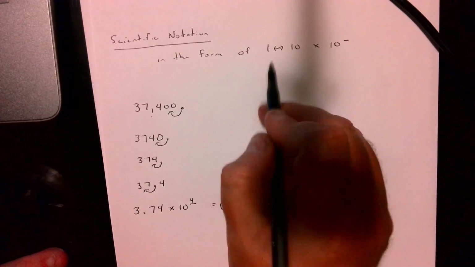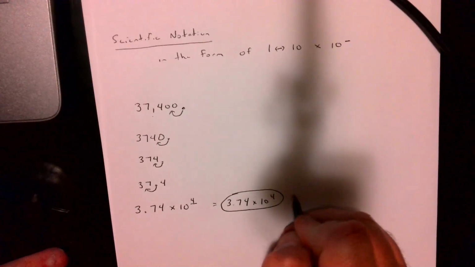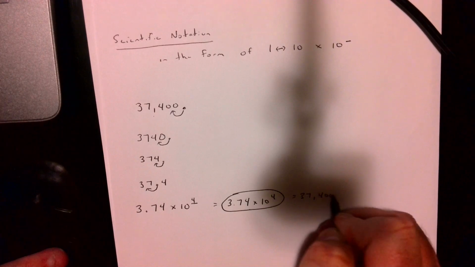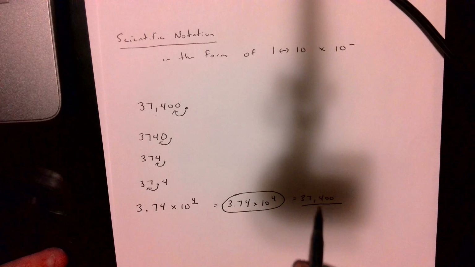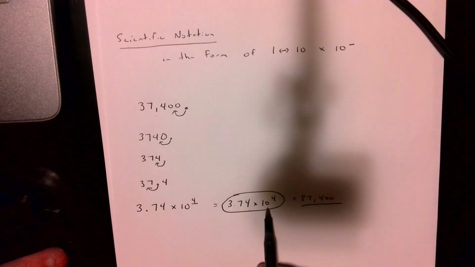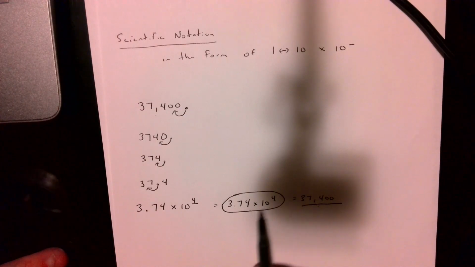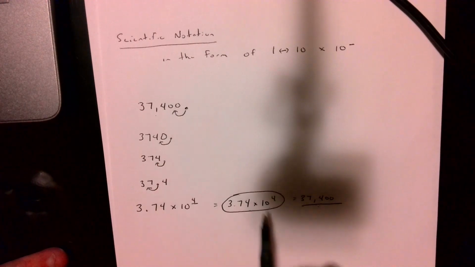That number is now between 1 and 10 times 10 raised to a power. That is the same thing as saying 37,400 in standard form. So this is how we say it in standard form, and this is how we say it in scientific notation. Standard form is what we normally do, right? That's what you say, 37,400. But 3.74 times 10 to the 4th is scientific notation.